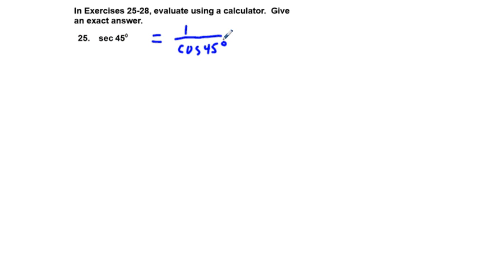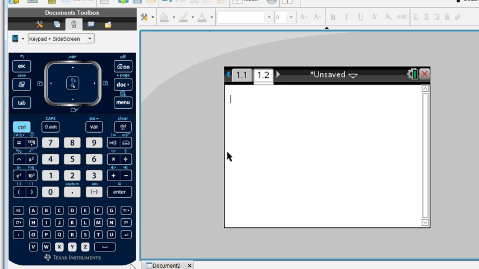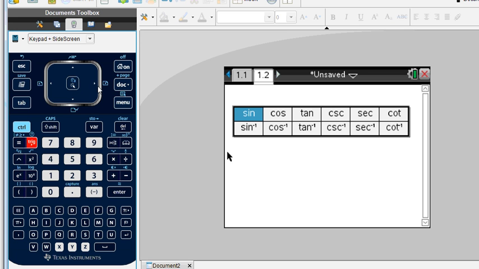But fortunately, on our calculator, TI Inspire CX calculator, we do have a secant key. And so we go there by pressing the trig button, which is over here on the left side, and we go over to secant. We know secant's related to cosine because it's like sine, cosine, tangent, cosecant, secant, cotangent.